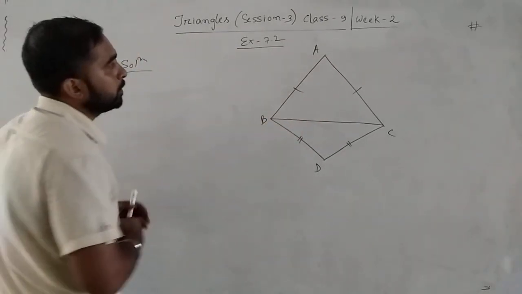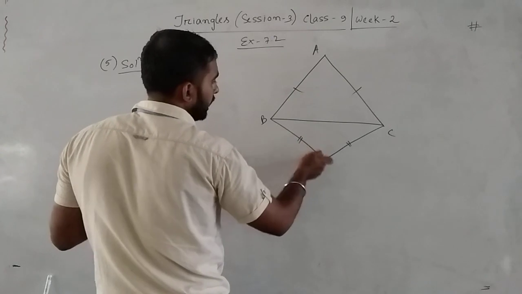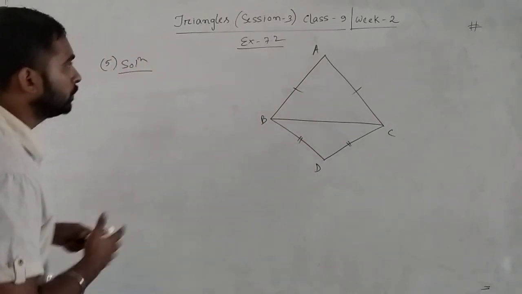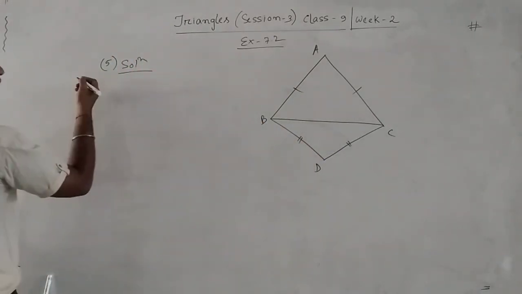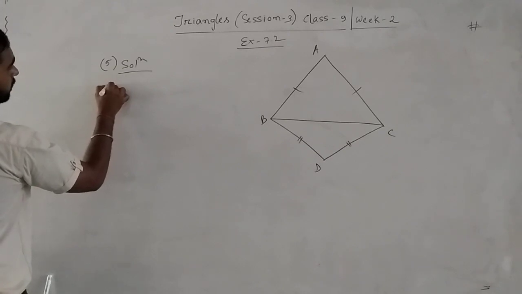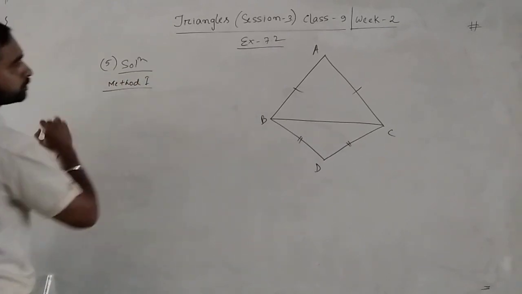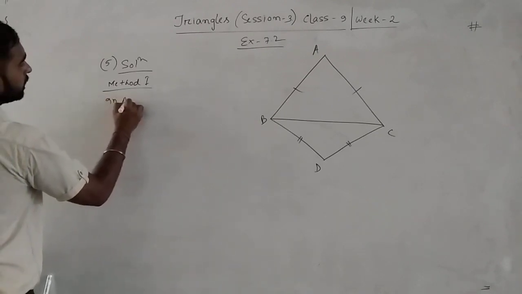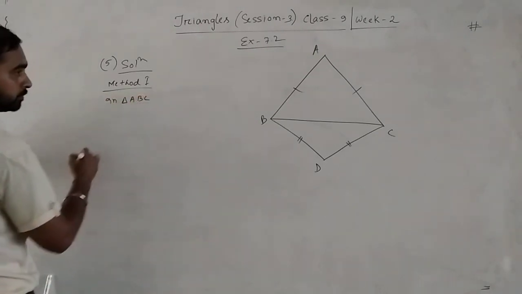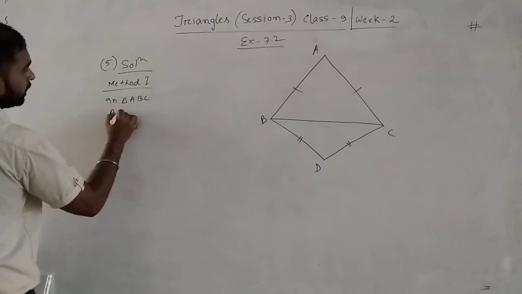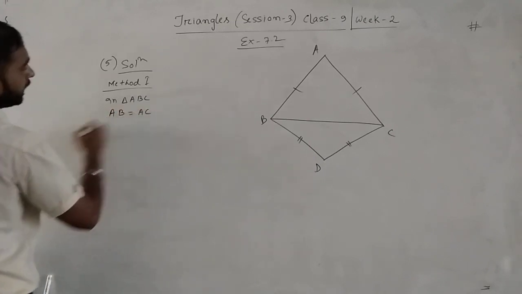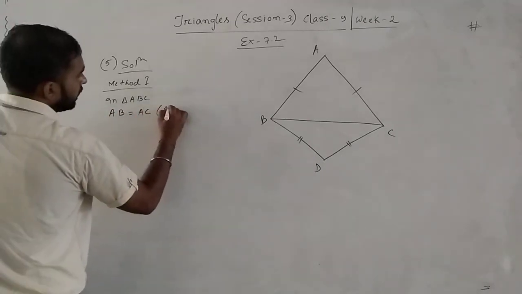And the second one is by construction, if we join AD. First let me show you the first method. Method 1. In triangle ABC, AB equal AC, given.